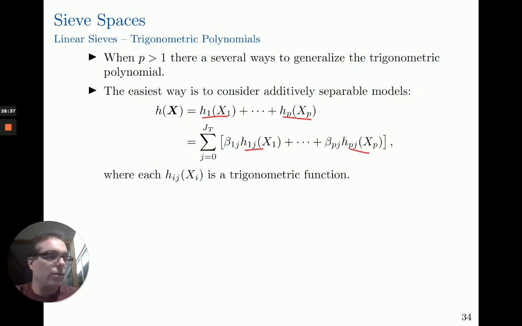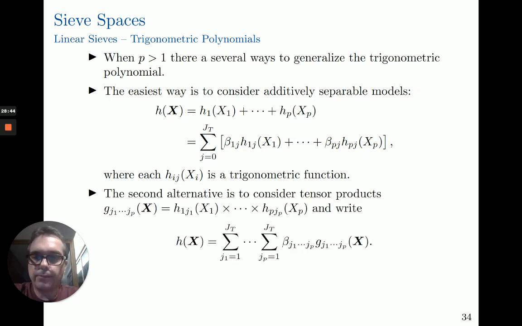Okay? So there are no cross terms. We can also do this for regular polynomials. Okay? Or we can consider tensor products, where we look at all cross products of the variables, or of the trigonometric functions of the variables.